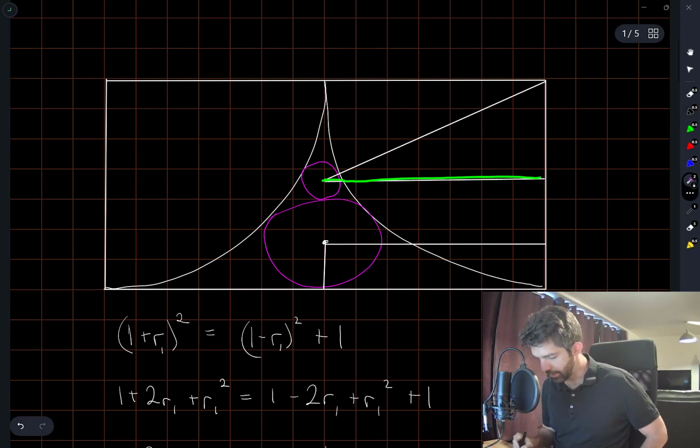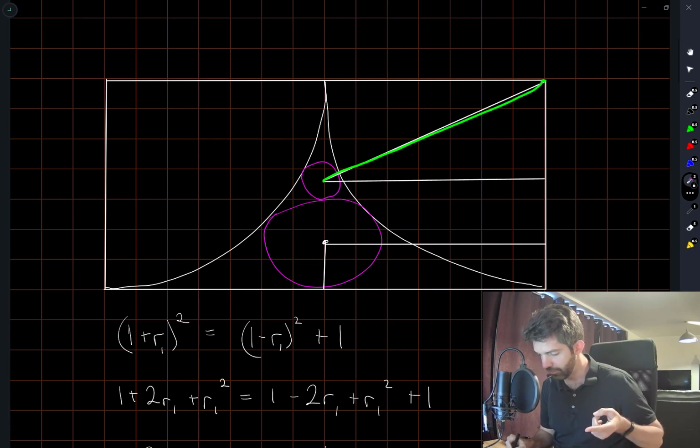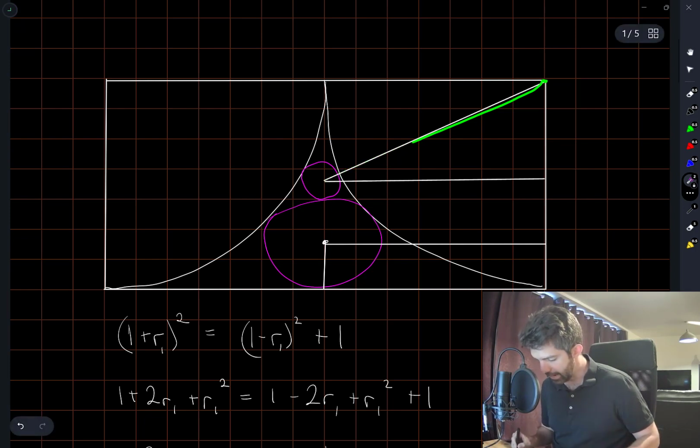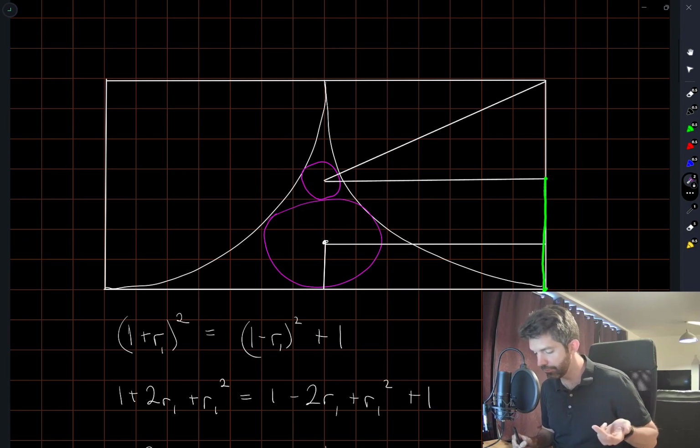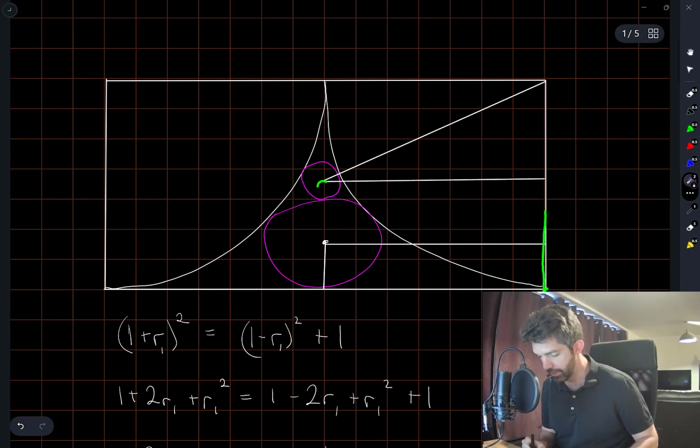This length here is again 1. This length here is 1 plus the radius of my next circle. I'll call that radius r2. And this length is going to be the first diameter plus the second radius, or 2 times the first radius plus 1 times the second radius, right? It's just that distance there.